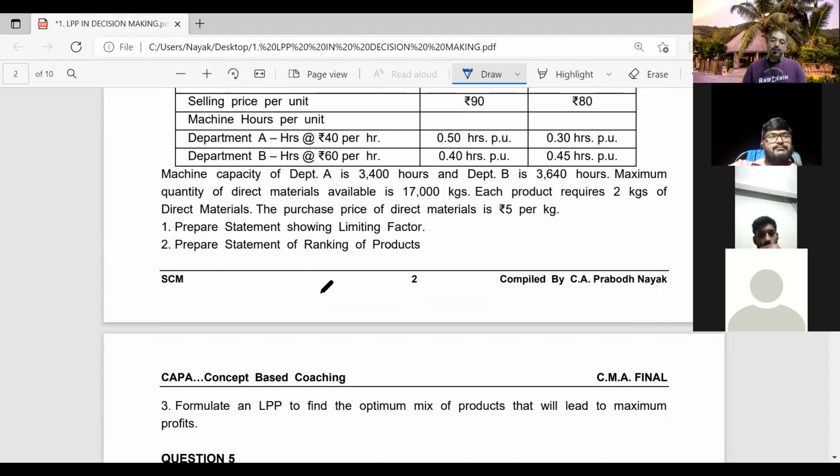And third is prepare or formulate an LPP to find the optimum mix of products that will lead to maximum profits. So it is a combination of your marginal costing plus your decision making, LPP. Okay, so let us start with the first part, that is preparing statement showing limiting factor.